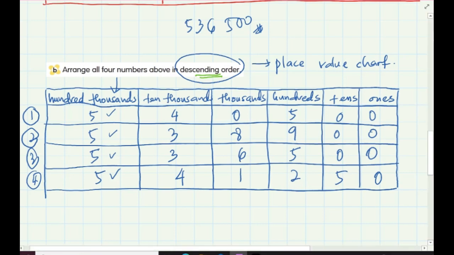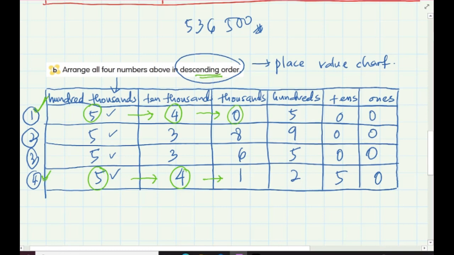You see 4, 3, 3, 4. So you can find out that the 40,000 and 40,000 are the same value. So, number 1 and number 4. Same value: 500,000, 500,000; for 10,000, 40,000, 40,000, same value. So look at the thousands. The value for number 1 is 0, no amount in 1,000.